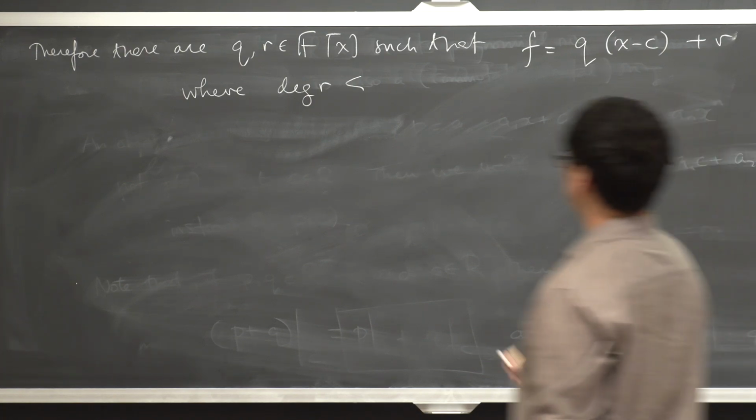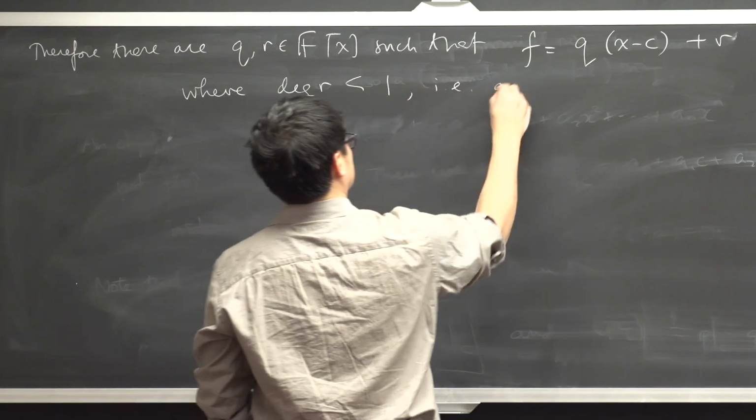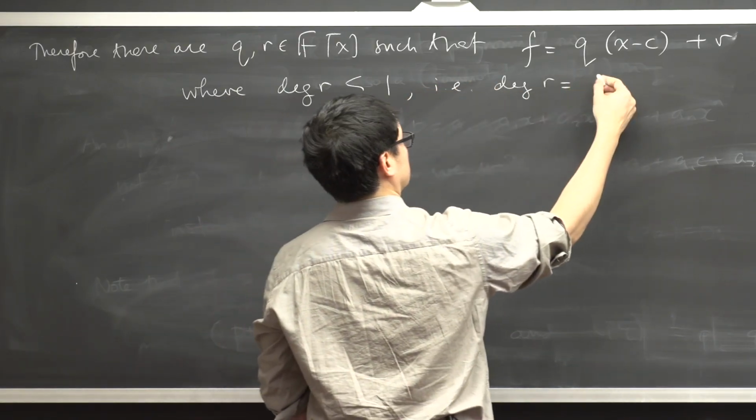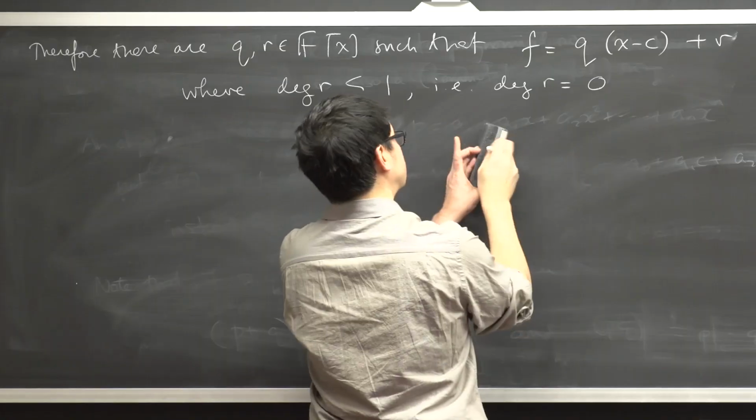So the degree of r has to be 0. Basically, what do you know about r?